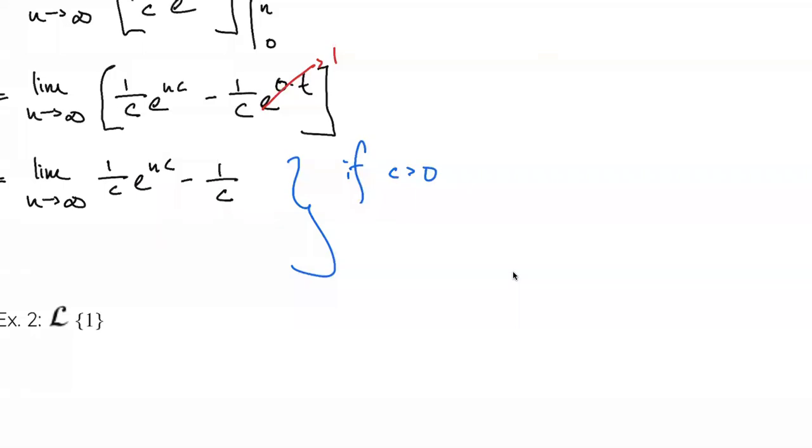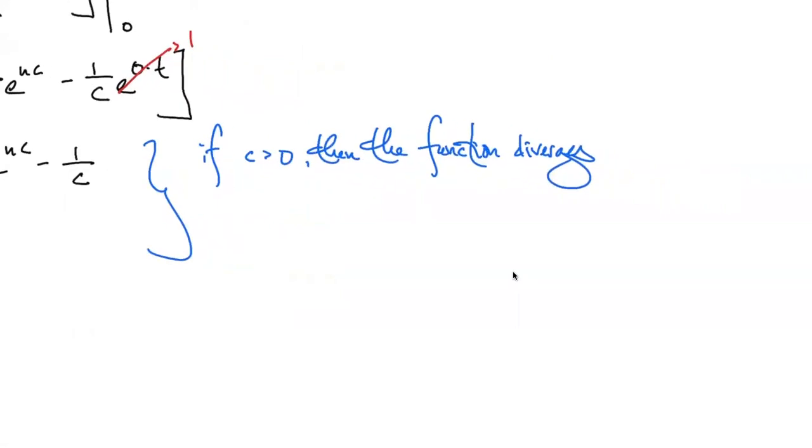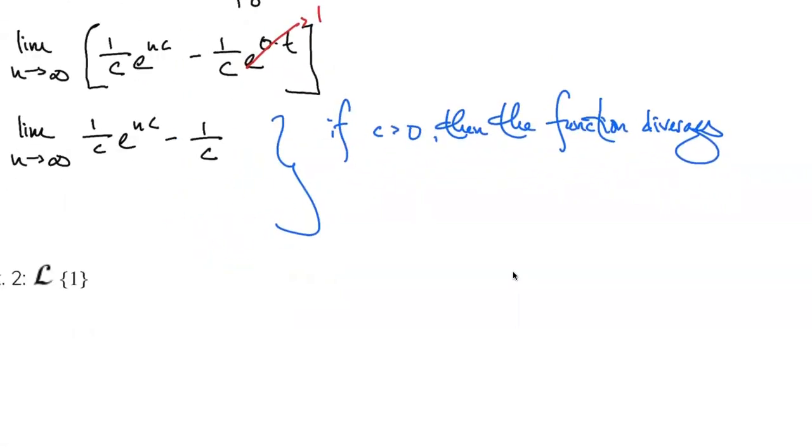So the function diverges. And again, it diverges because this exponential, the exponent itself, gets really, really large. And we know that our exponential function looks like this, right?